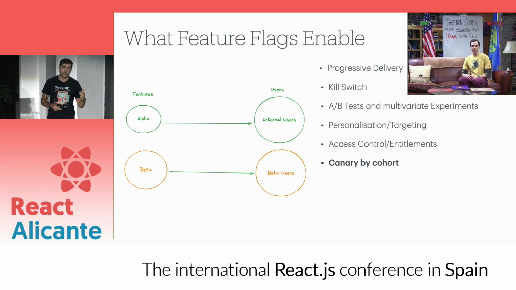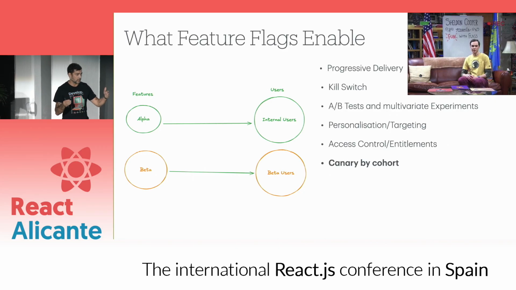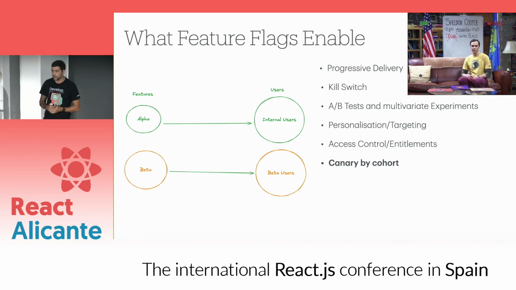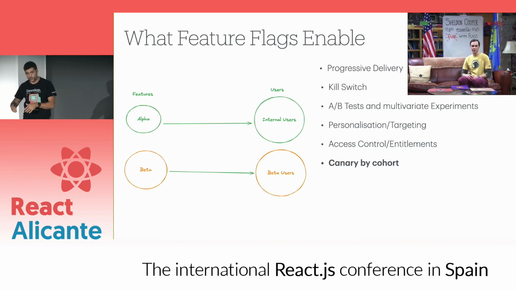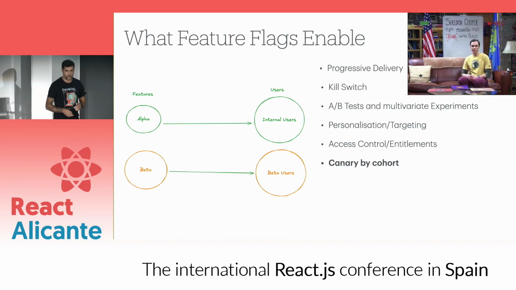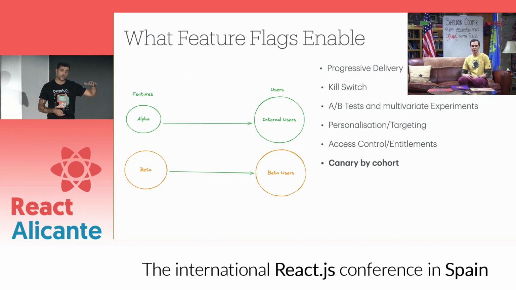Canary by cohort, meaning that if you have an application like what Apple does, where you have internal users, beta list users, regular users, you can use feature flags to manage the access that those users have to specific versions of your application.